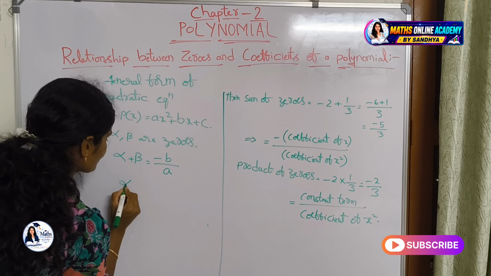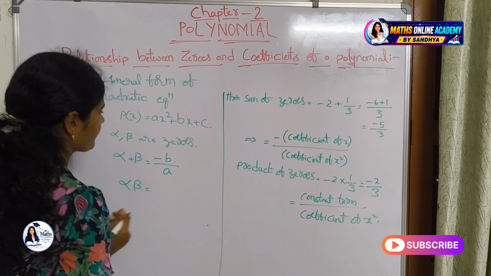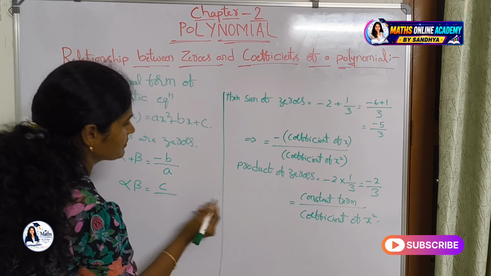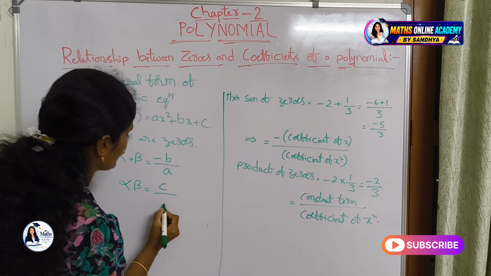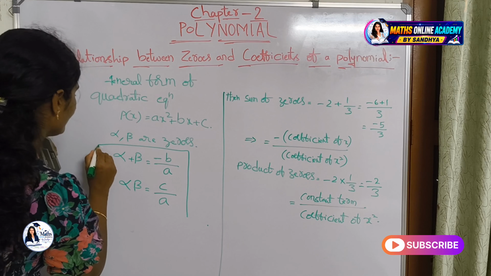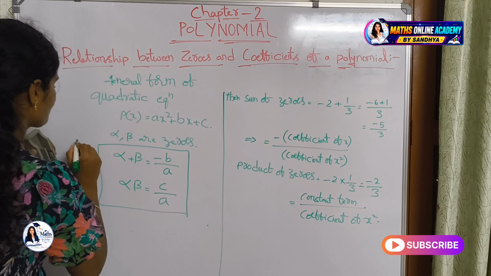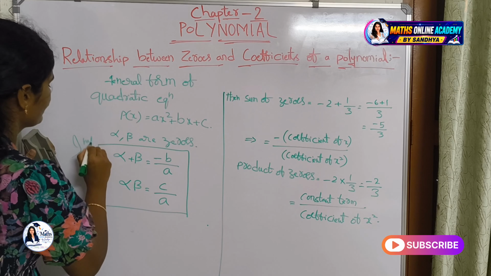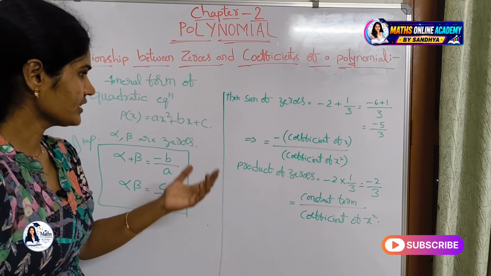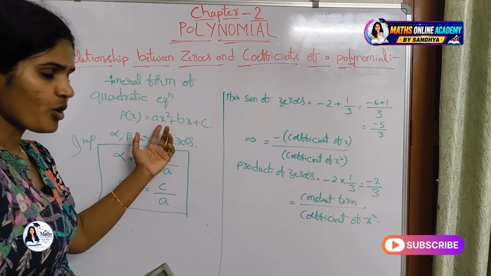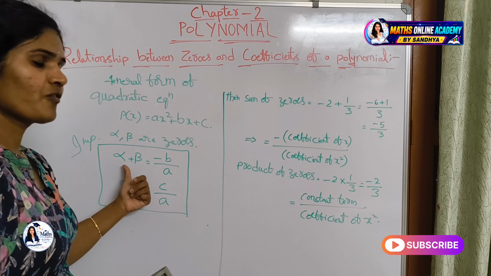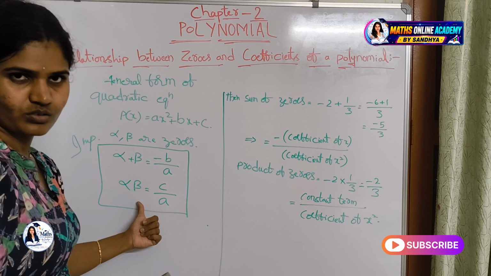Product of zeros equal to the constant term c by the coefficient of x square, a. So, these two are very important. Based on these two equations, in questions, if they give a polynomial, indirectly you get the sum of zeros and product of zeros.